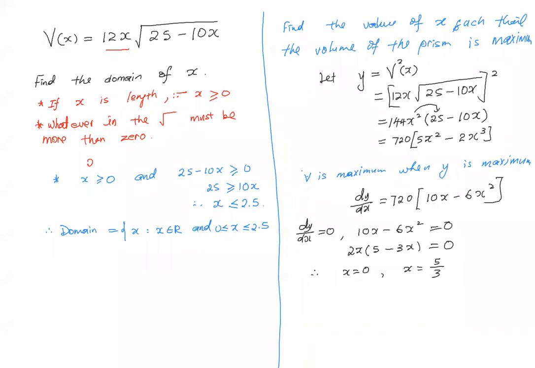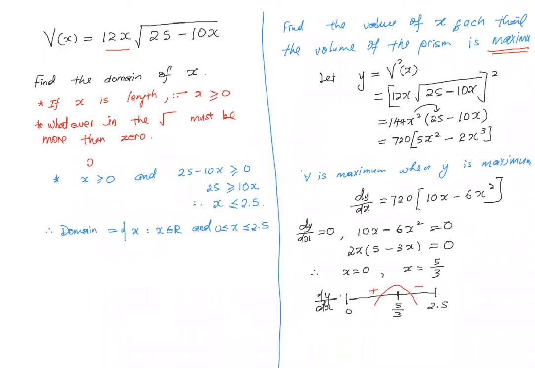Everyone, so far so good? So I draw the sign diagram for dy/dx. I have to follow the domain up to 2.5. So here is my 5/3. The question asked for maximum, correct? So here, plus and a minus. So this one I prove.